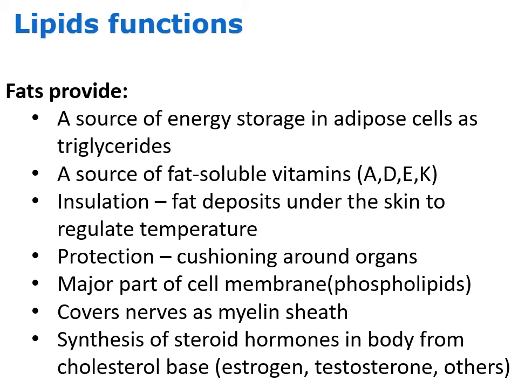So cholesterol is the main base for which certain hormones called steroid hormones are produced. And that would include estrogen, progesterone, and testosterone. So you're going to hear about protein-based hormones, and you're going to hear about steroid-based hormones in the body and the functions that they perform.